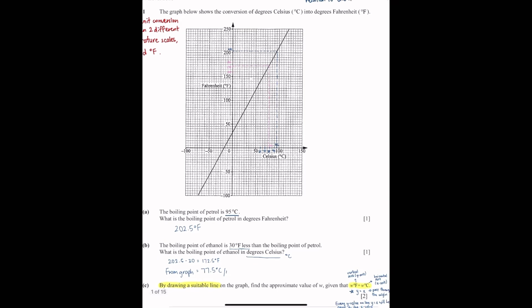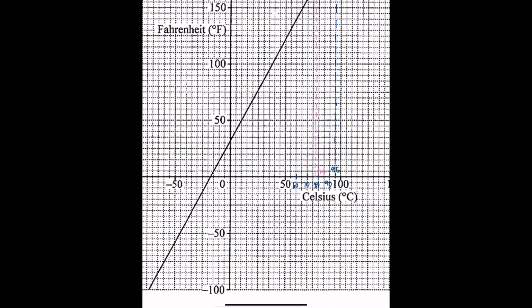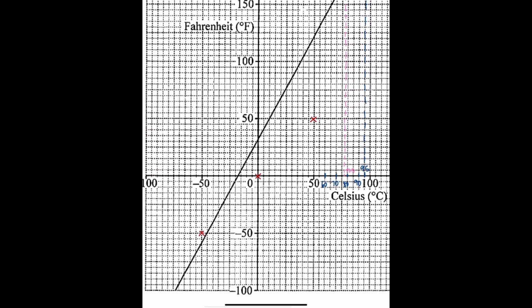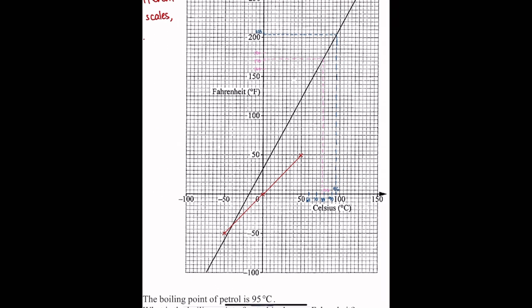So what I can do is draw a line that passes through the point 50, 50, where your x value of 50 equals your y value of 50. I can also pass it through the origin and through negative 50, negative 50. Let me draw the line in red. Using your ruler and pencil, you can draw a straight line through these 3 points.